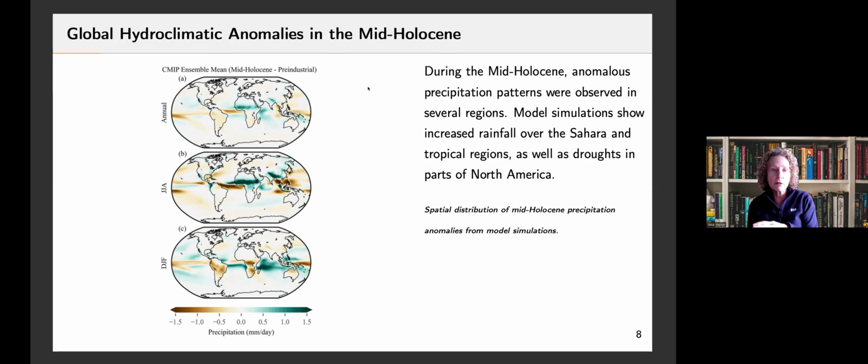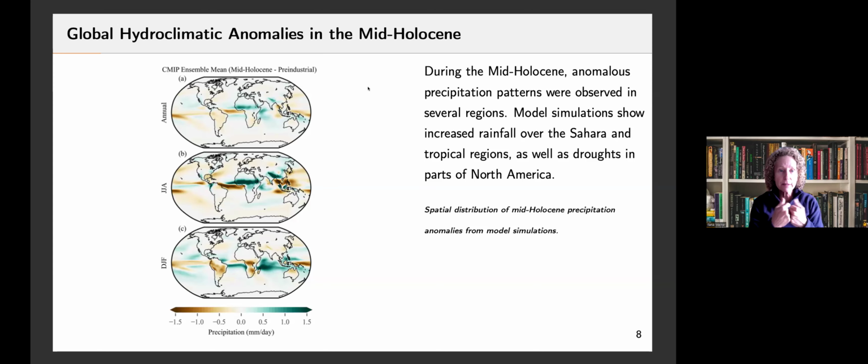Well, these same models are run for specific paleoclimate periods, like the mid-Holocene or the Pliocene or even the Miocene. So you have a series of past climate scenarios that are run with the same models that we use to do climate projections to find out what's happening in the next 100 years or so.